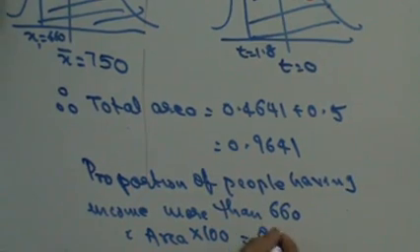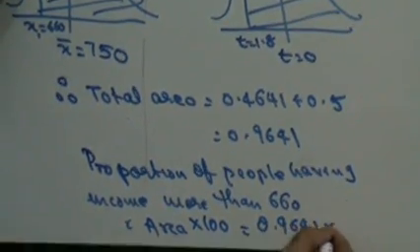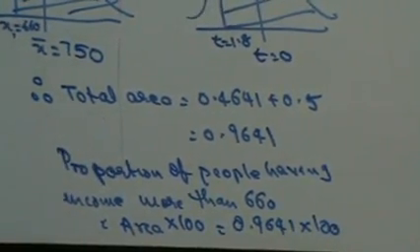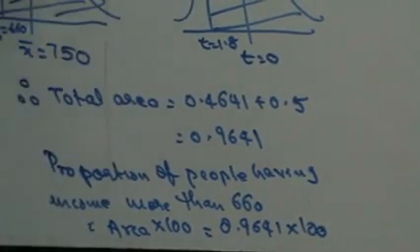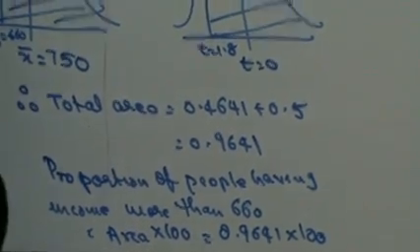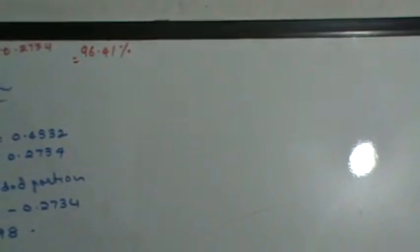So that is 0.9641 into 100. That means 96.41% of the people have income greater than 660. Fine, do we get this clear?